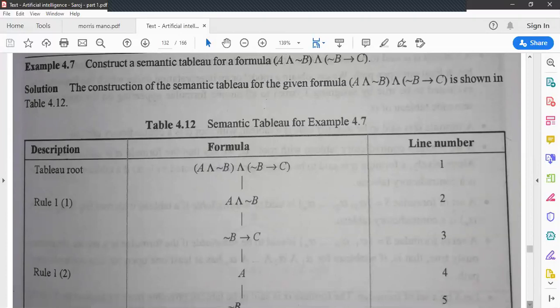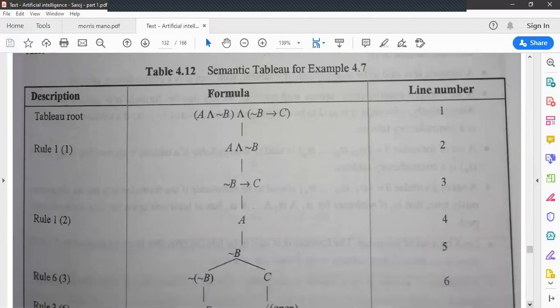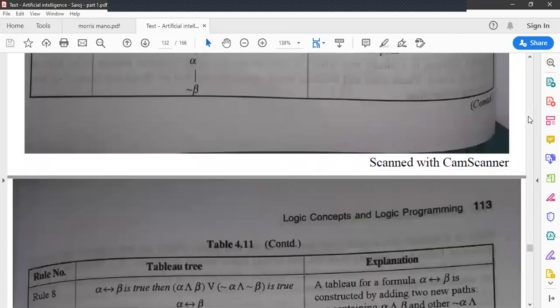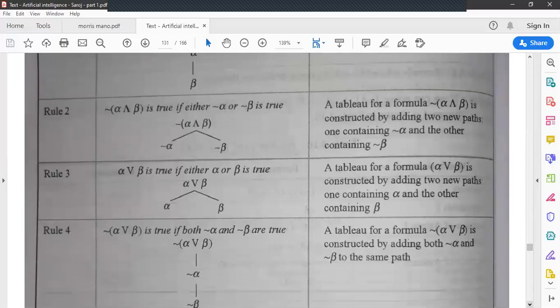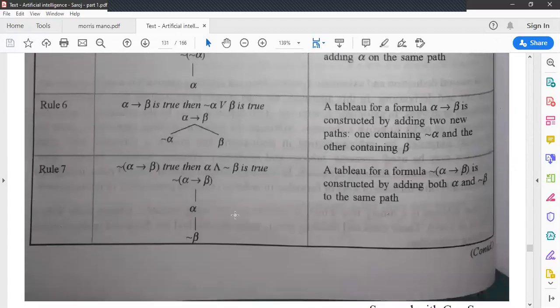Again, you are putting everything in the form of a table. You have three columns: description, formula, and line number. In the description, you start with the given formula, and then you apply rule number 1. Rule number 1, rule number 4, and rule number 7 are single branch rules, so you should prefer to apply these rules.